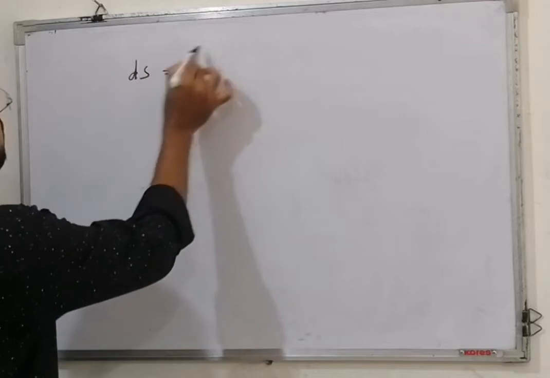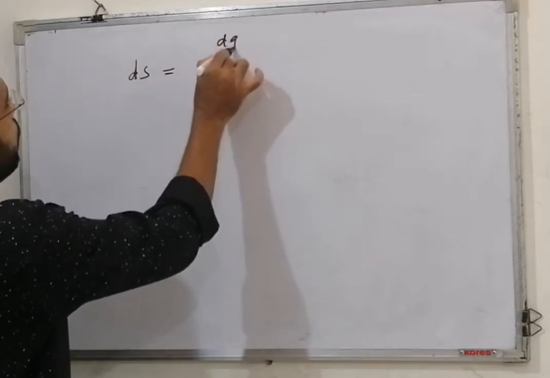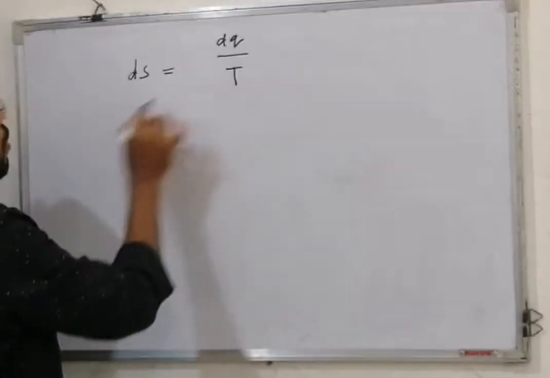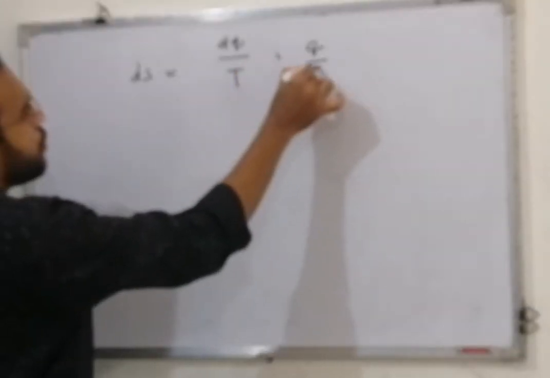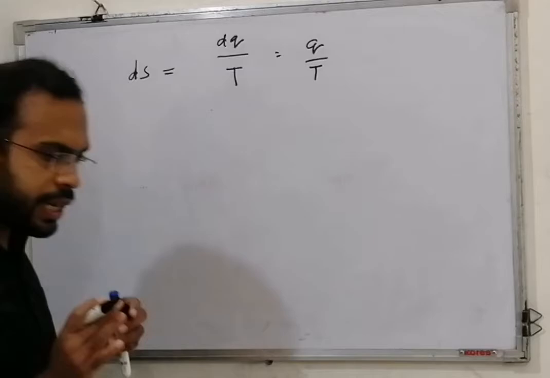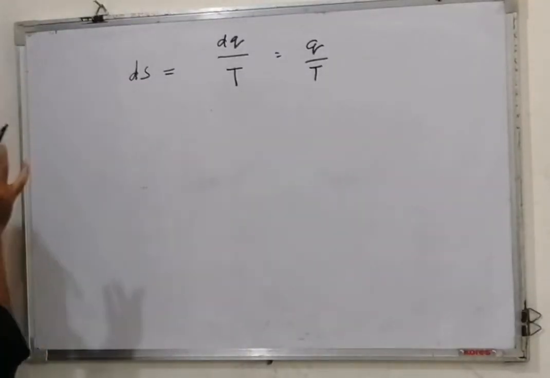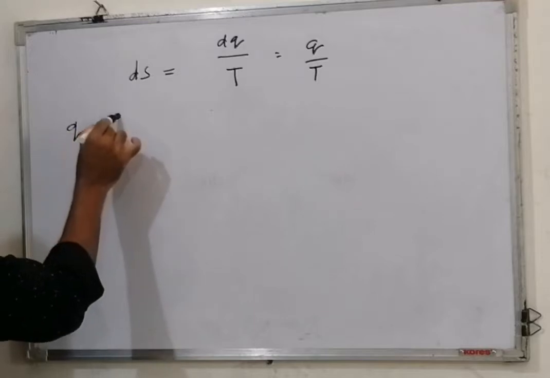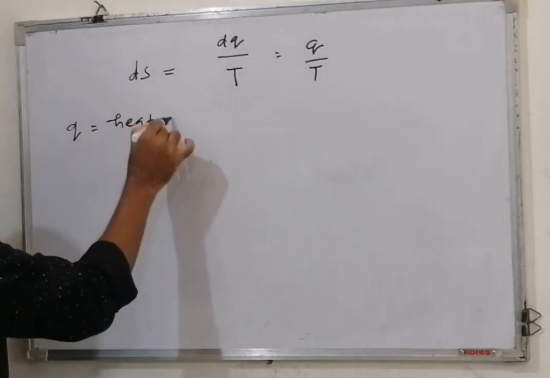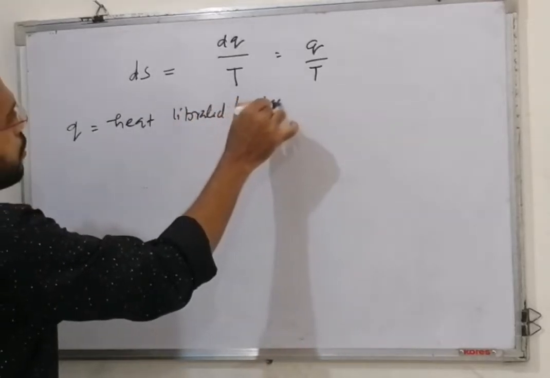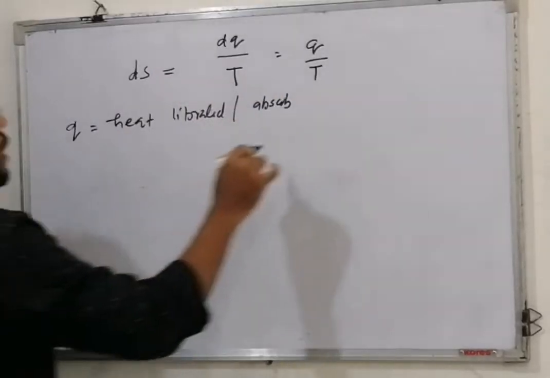Now the entropy change is calculated by dQ by T, or Q by T. I said Q is the heat liberated or absorbed at a given temperature. Now this Q may be heat liberated or absorbed during the process.